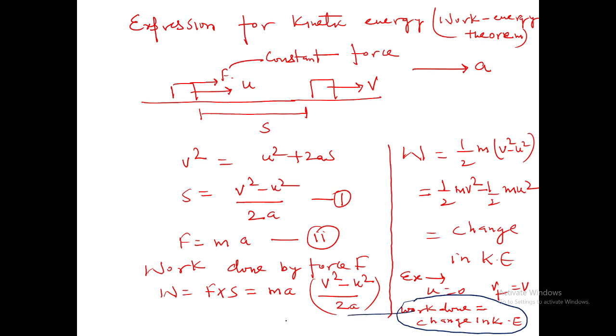This is known as the work energy theorem. And from here you get kinetic energy is equal to half mv square. But this is the case when initial velocity was 0.